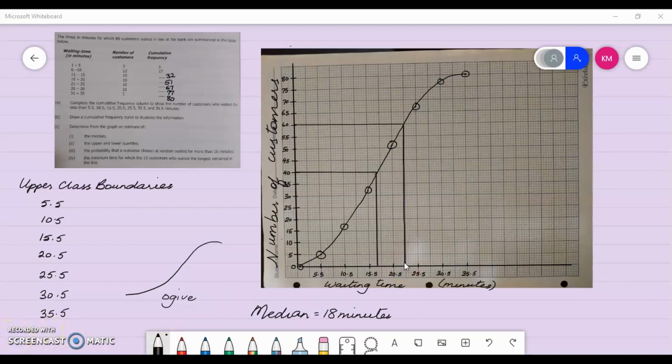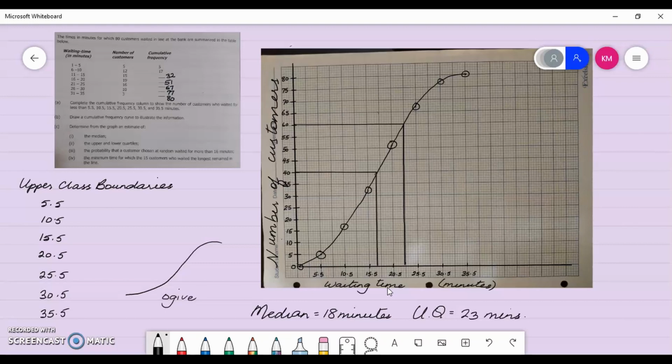And there you have it. Your upper quartile is going to be that value there where your line touches your x-axis, and that is about 23 minutes. So I'm going to write that underneath here. Your upper quartile, I'm just going to use UQ. Upper quartile is going to be 23 minutes.